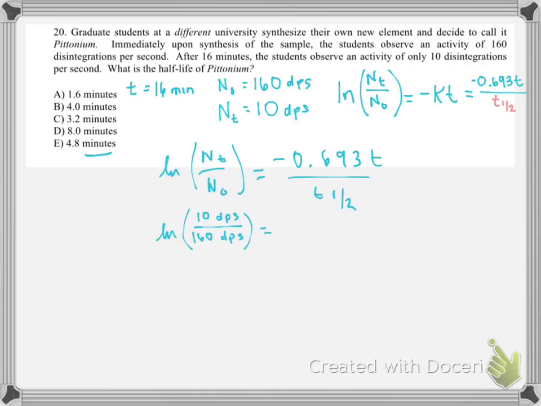Set that equal to negative 0.693 times our 16 minutes divided by t1/2. So this left side ends up being negative 2.77.